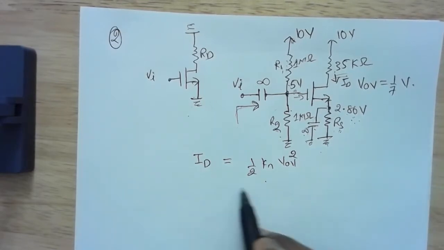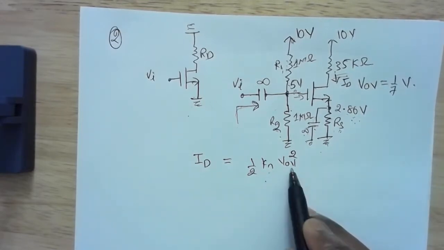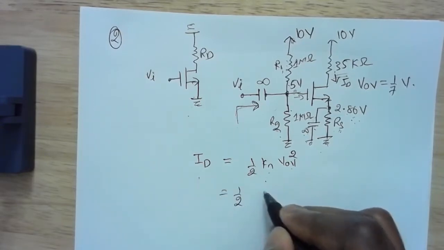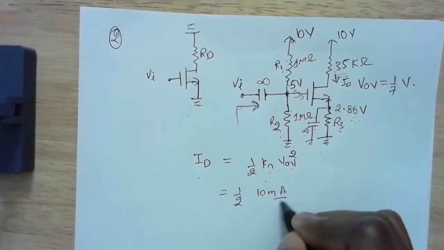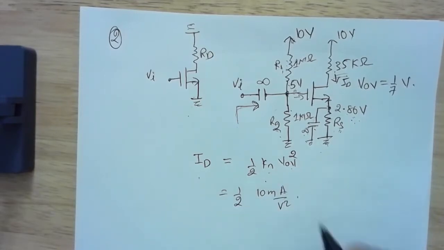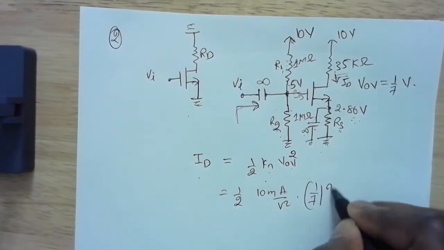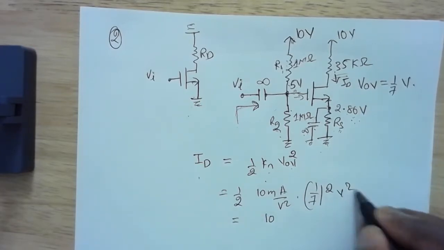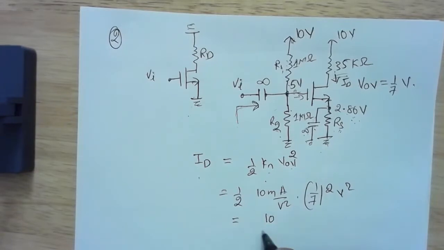Note that in here, we know Kn and we know VOV, so we can calculate ID. Half Kn will be 10 milliamp per volt squared times 1 over 7 squared. So this will be 10 divided by 2 times 49, times milliamps.